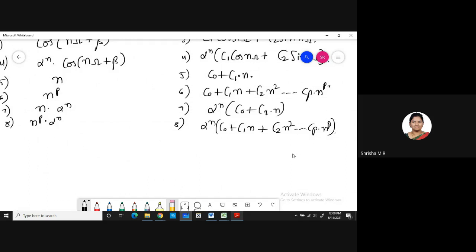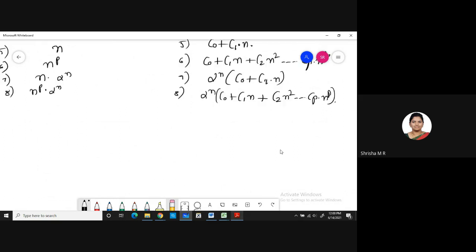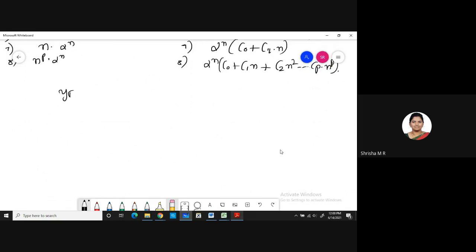Now we have seen what the particular response is. So the forced response will be yf of n, which is equal to yN of n plus yp of n, that is natural response plus particular response.